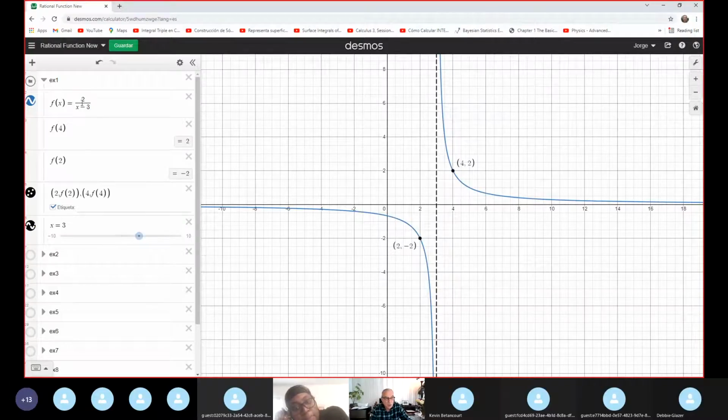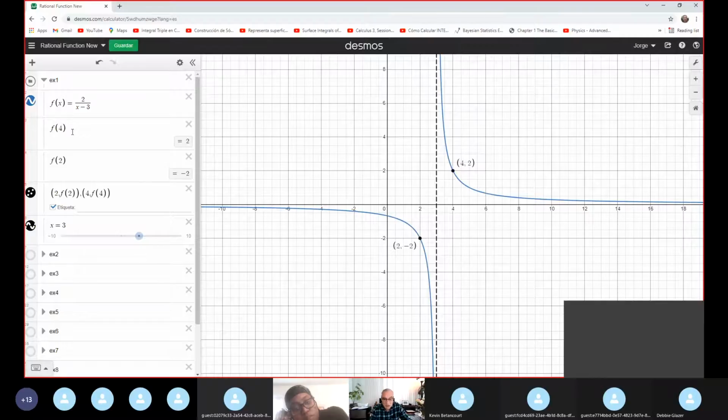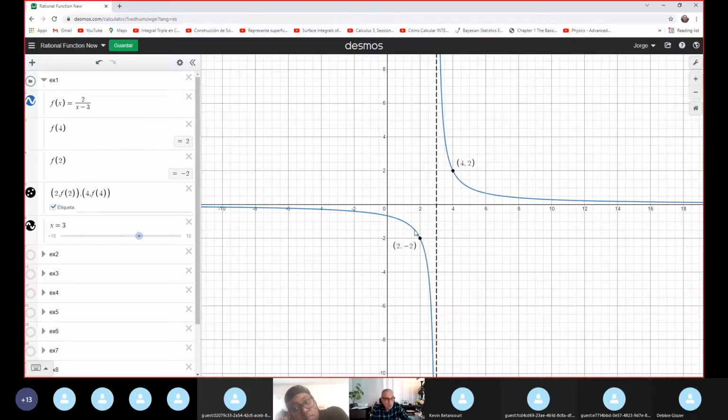Example 1 is the function 2 over x minus 3. You evaluate the function at 4. Look, fantastic. Desmos allows me to use function notation. Instead of y, you put f of x. It's the same. Entonces 2 over x minus 3. I do the graph, look, the blue graph.